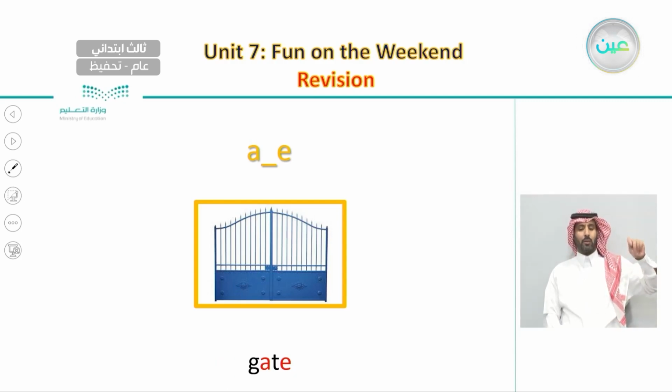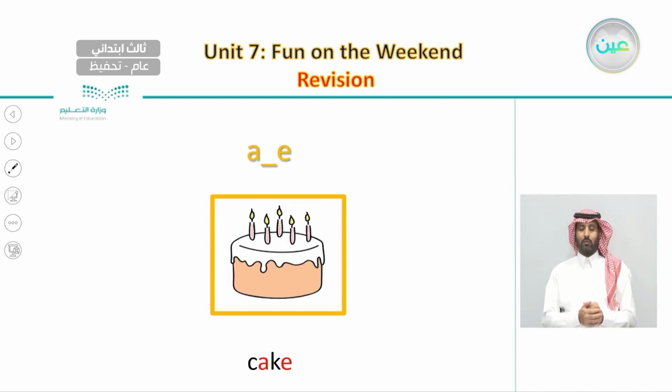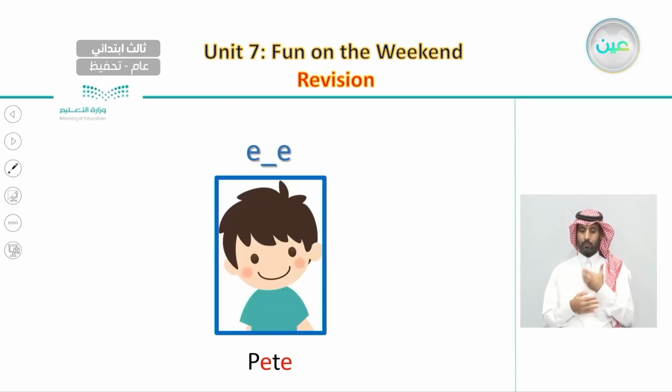Gate is a word we use for the school gate or the house gate. And also, from the AE group, the word is cake. Cake is a food that we eat in celebrations and when we have happy news.